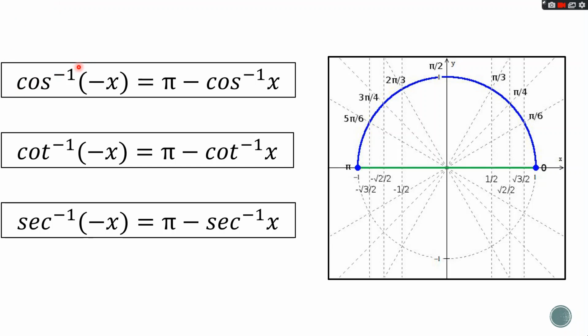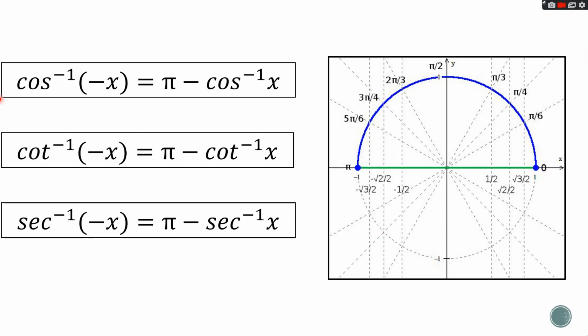Let's proceed with the next three inverse functions. Now in case of cos inverse, cot inverse and sec inverse, see the right hand side. Cos inverse of minus x is pi minus cos inverse of x. Cot inverse of minus x is also pi minus cot inverse x. And sec inverse of minus x is pi minus sec inverse of x. Now what happens here exactly?